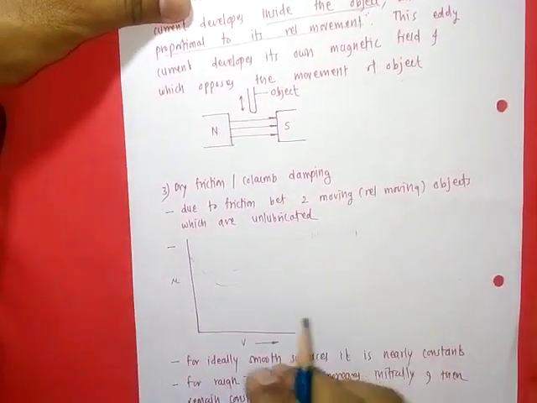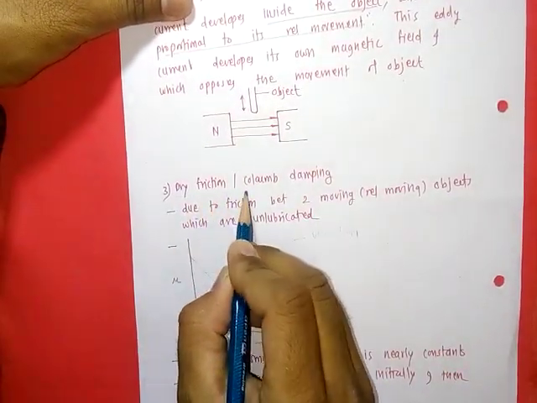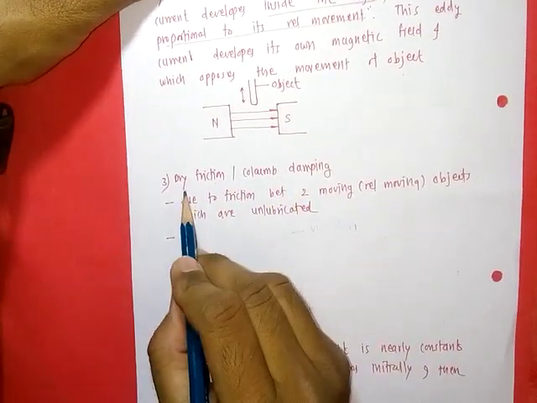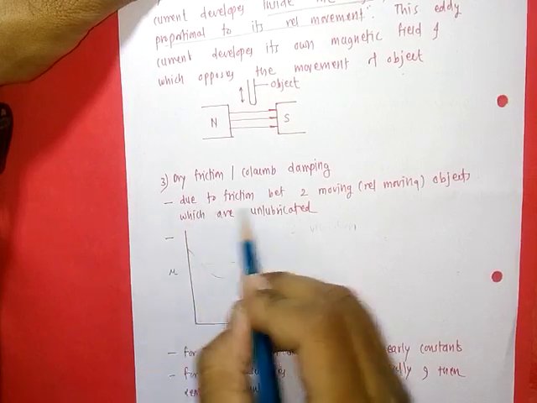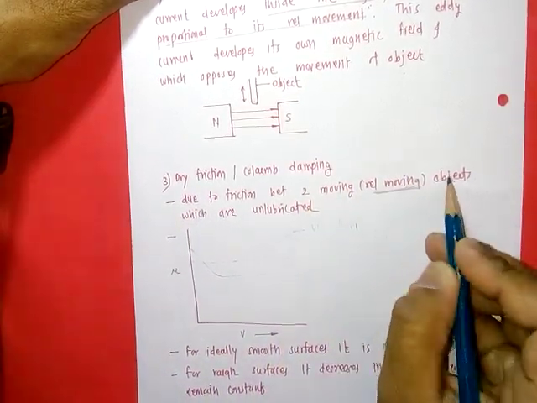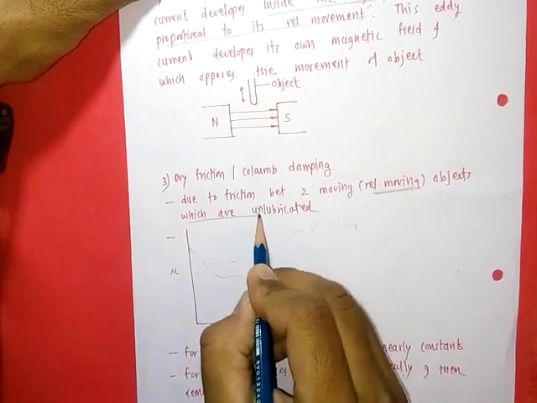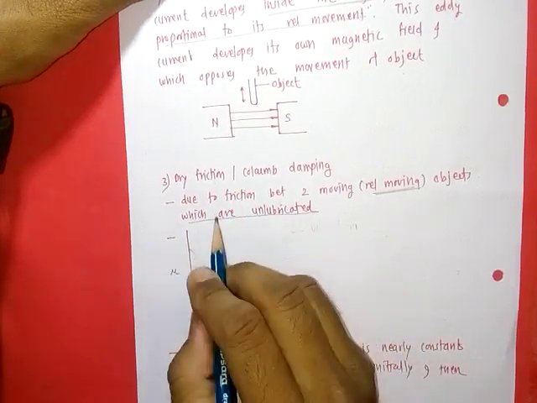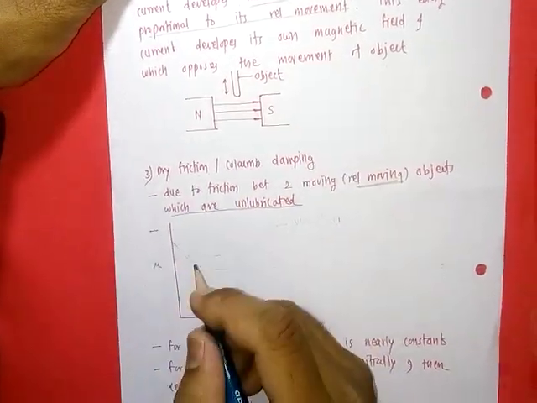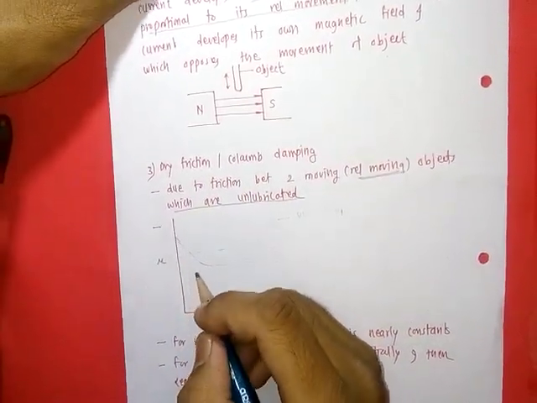Then next is dry friction damping or Coulomb damping. This damping is due to friction between two relatively moving objects which are unlubricated. That means there is no fluid layer present between them.